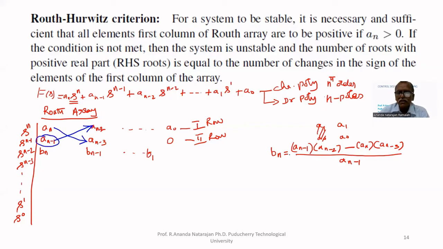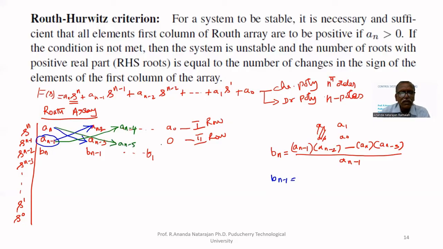That is bn. What is bn minus 1? bn minus 1 equal to, again we have to consider an minus 1. Here what will be the number? An minus 4. Here an minus 5.